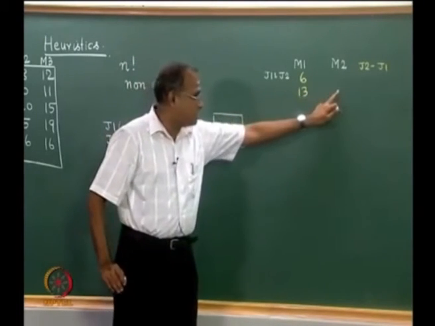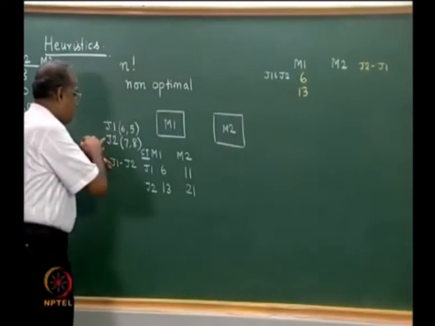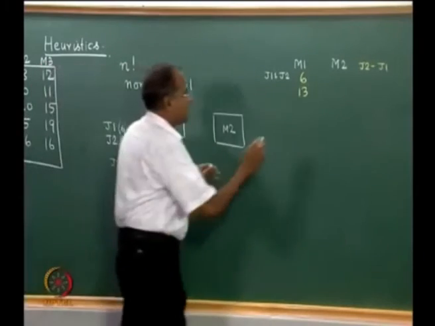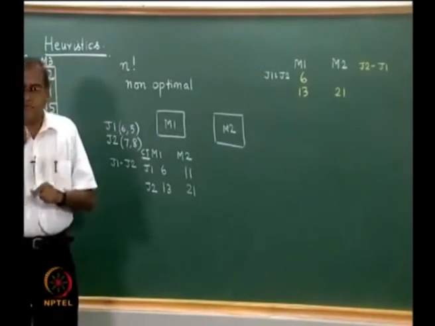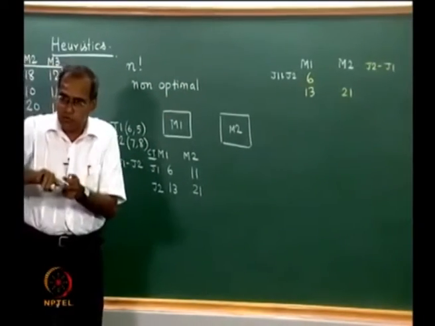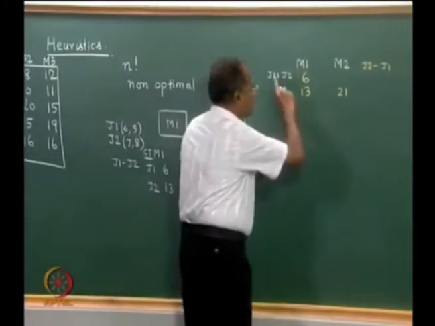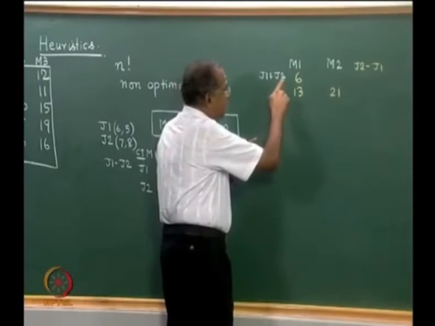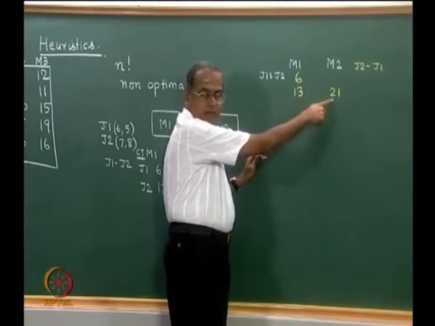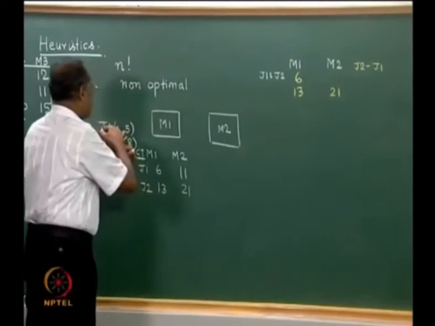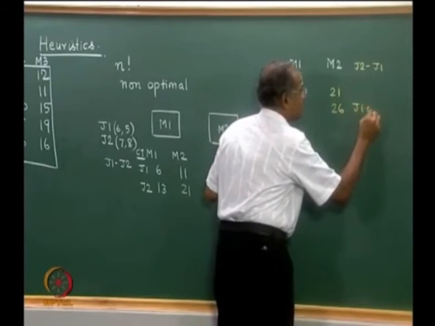J2 can access M2 at time equal to 13, and then J2 requires another 8 units. At 21 J2 will come out. Since the sequence on M2 is J2 followed by J1, J1 can enter M2 after J2 is completed. So, J1, even though it is completed on M1 at 6, will wait till 21, and then it would take another 5 units, and at 26 J1 comes out.